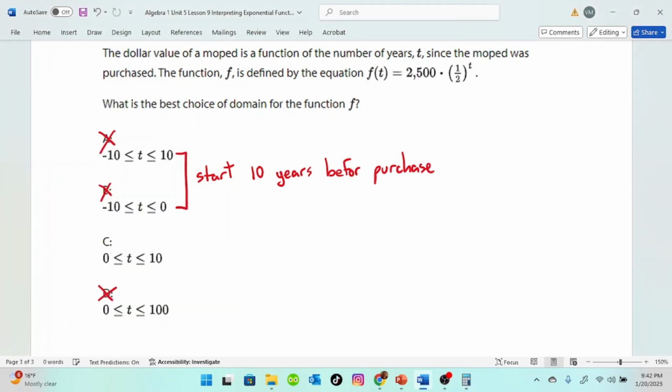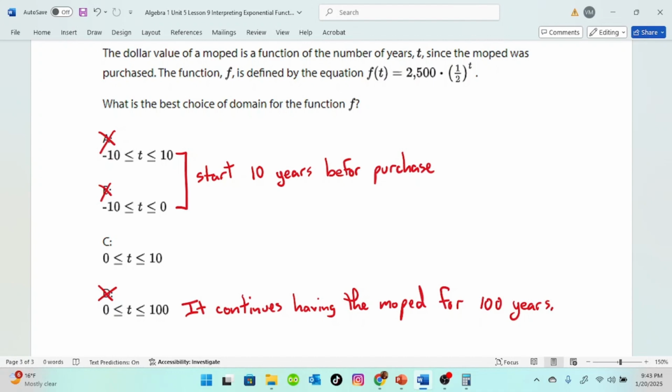So we'll eliminate choice D because it continues having the moped for 100 years.